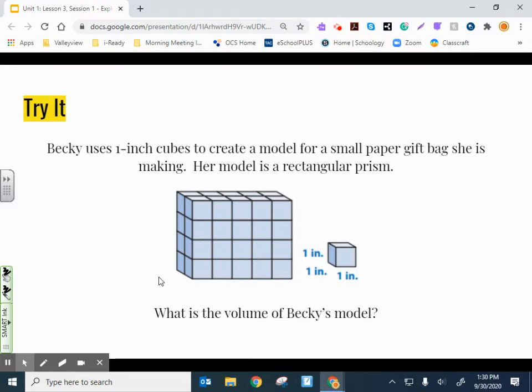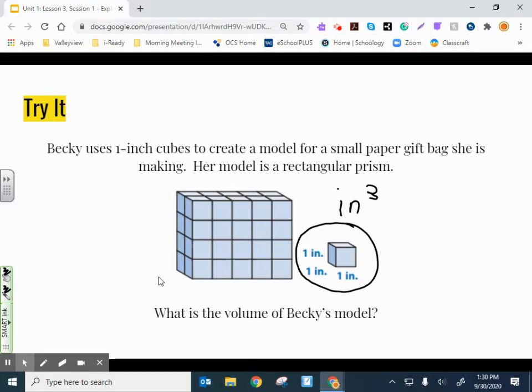Her model is a rectangular prism. Right away, I tell kids to pay attention to the units, which will be cubic inches. Your final answer will be inches with a little 3, and we want to find the volume of Becky's model.